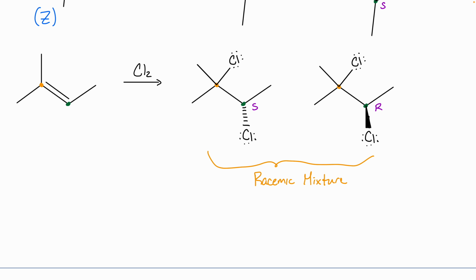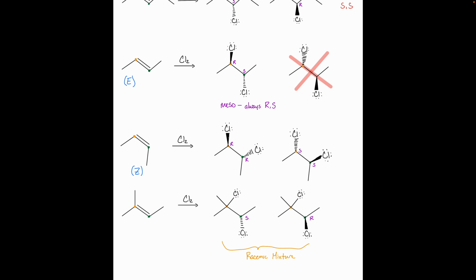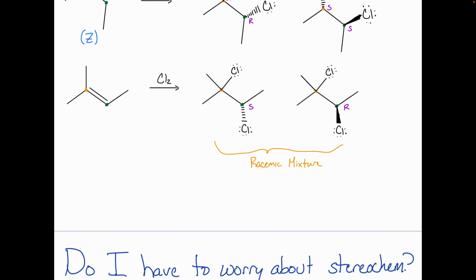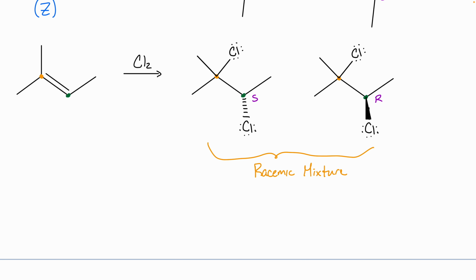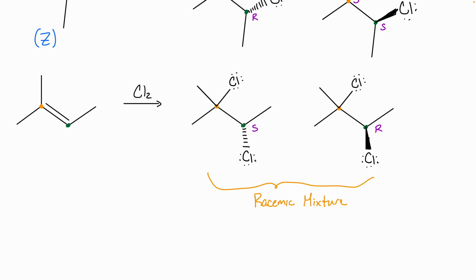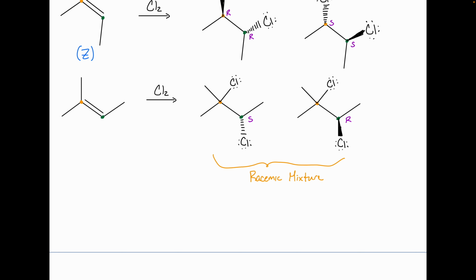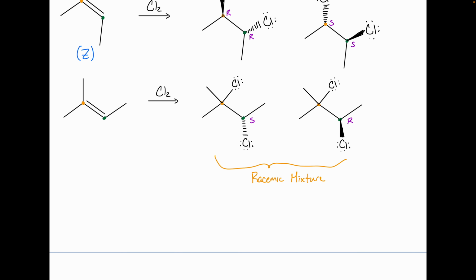And since we have a racemic mixture, we have all of our possible stereoisomers represented, unlike these other cases where we noted that we were missing particular stereoisomers. Here I got everything. I'm not missing anything. So instead of showing my two stereoisomers, I'm going to show that this is a non-stereospecific product by just putting that other chlorine on a straight line bond.